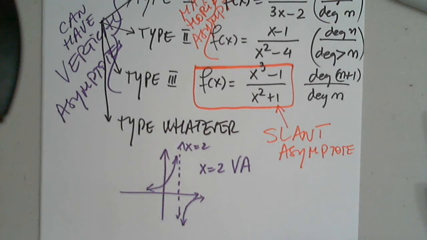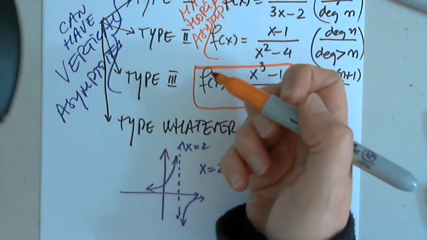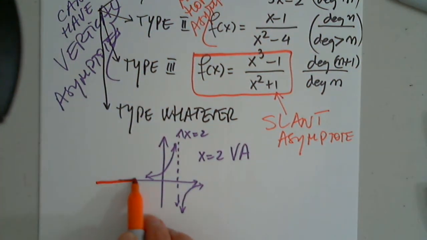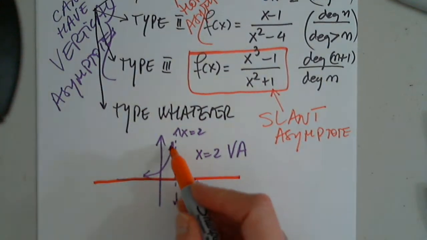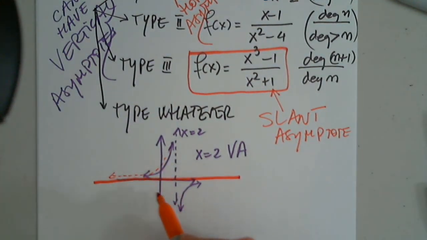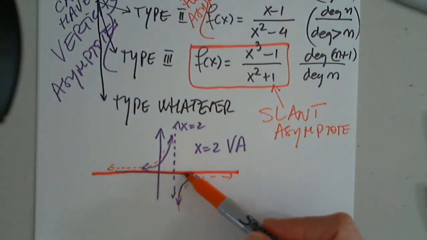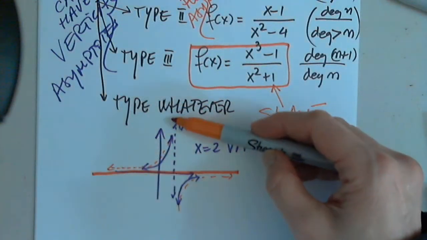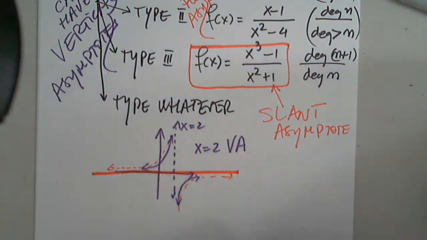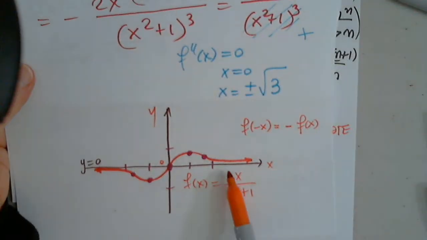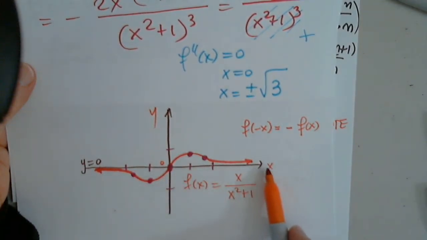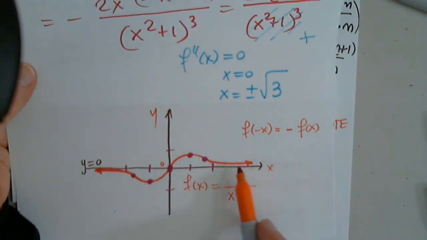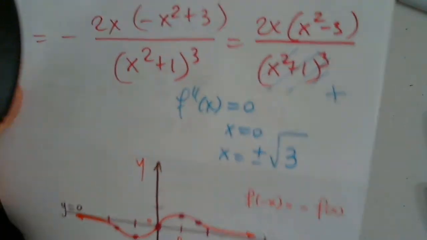What's a slant asymptote? What's a horizontal asymptote? This is a horizontal asymptote. So the function gets closer and closer to 0. When x approaches infinity, the function approaches 0. When x approaches negative infinity, the function approaches 0. We had this a minute ago. As x goes to infinity, the function values approach 0, and the other side as well.